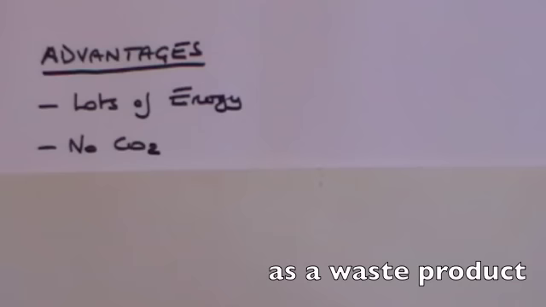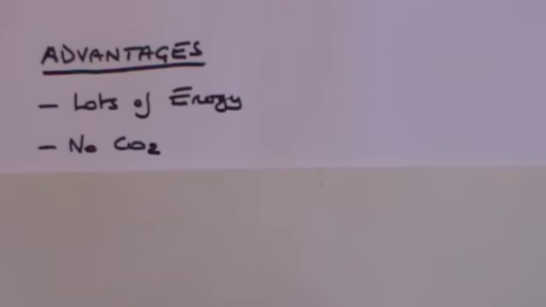So let's now consider the advantages of nuclear power stations compared with, say, coal or oil power stations which use fossil fuel. Well, firstly, you're going to produce lots of energy. These reactions produce a huge amount of energy as the atoms are split. There's no CO2, no carbon dioxide, no greenhouse gases.